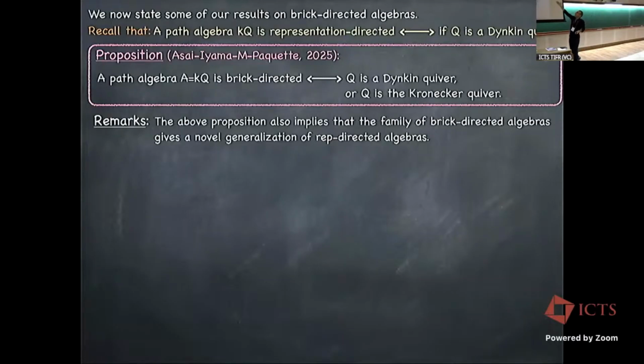Then you have this proposition which says a path algebra is brick directed if and only if your quiver is either Dynkin or the Kronecker quiver. If you don't recognize the term Kronecker, it's nothing but this quiver: 2 vertices and 2 arrows. This is called the Kronecker quiver.